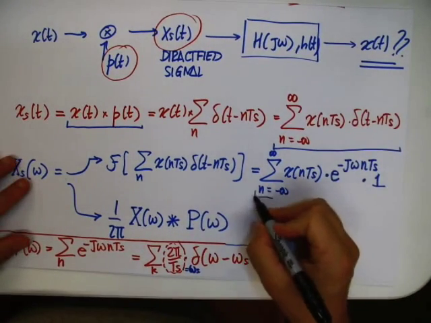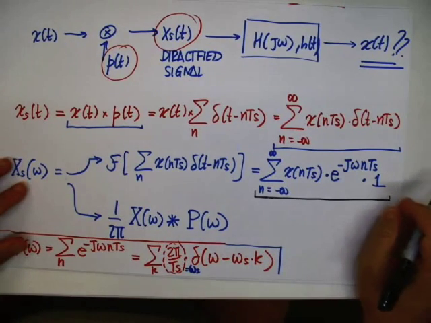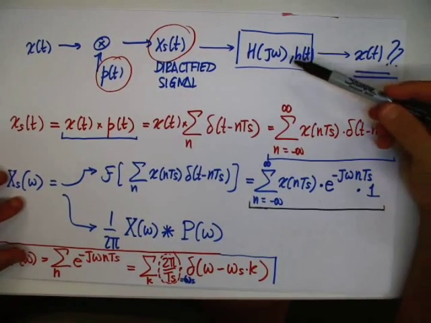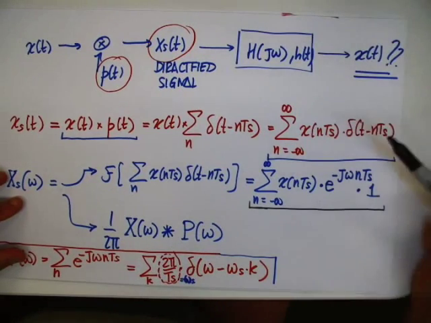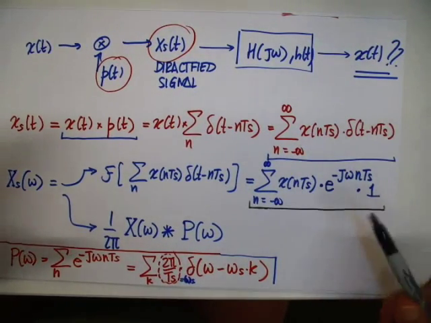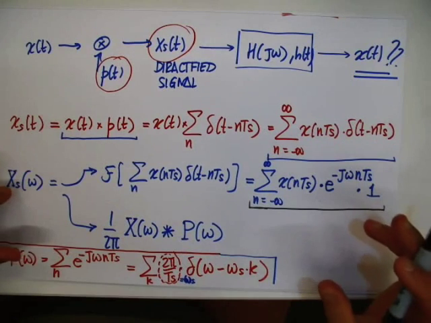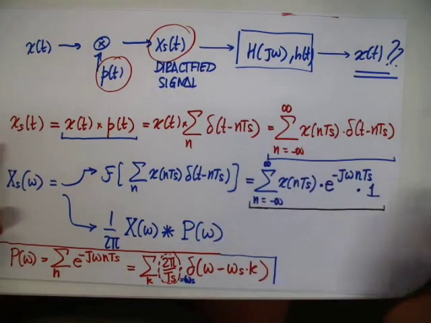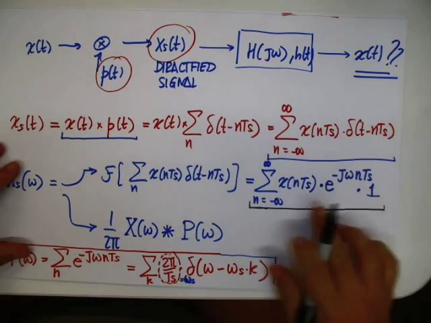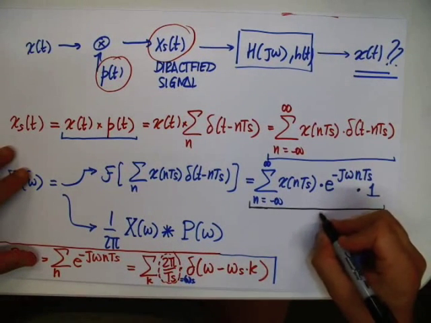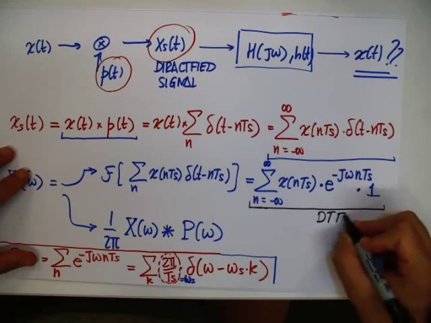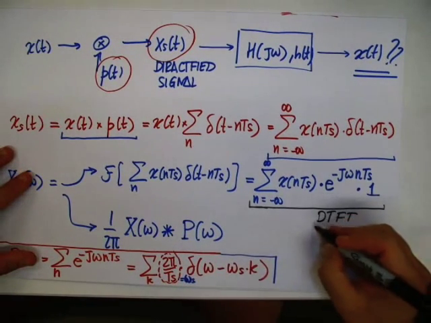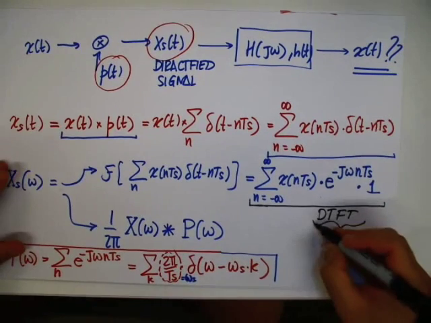This form is not going to help us too much to design this filter, okay? Because we don't have an understanding of how the spectrum of x_s, the Diractified signal, looks like. This is a very complex form. However, this form, it reminds you of what? Of the definition of the discrete time Fourier transform, right?